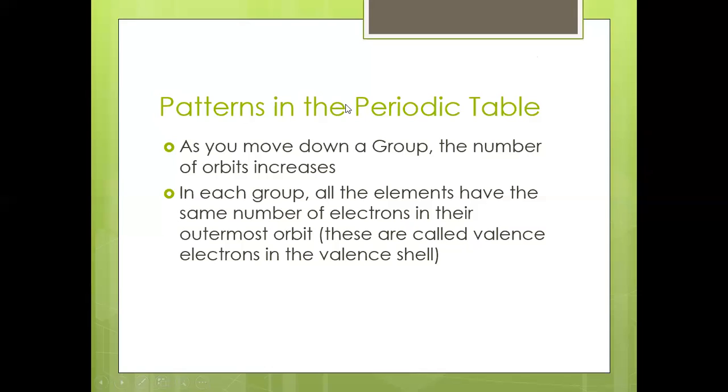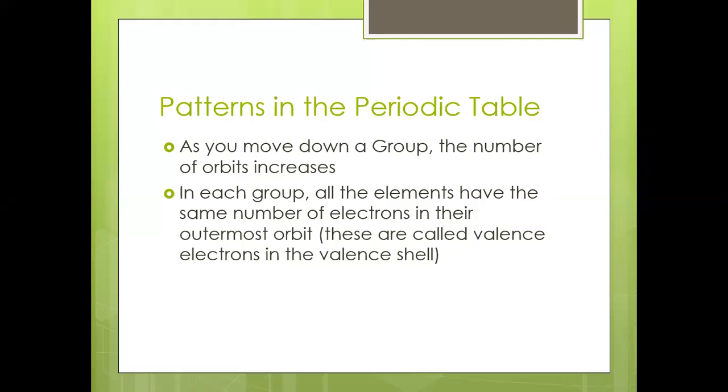Okay, so these are the patterns that you should have noticed when you drew the Bohr-Rutherford diagrams for the first 20 elements. As you move down a group, the number of orbitals increases. And in each group, all the elements have the same number of electrons in their outermost orbit.